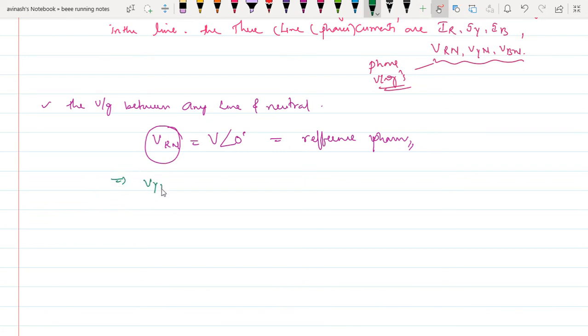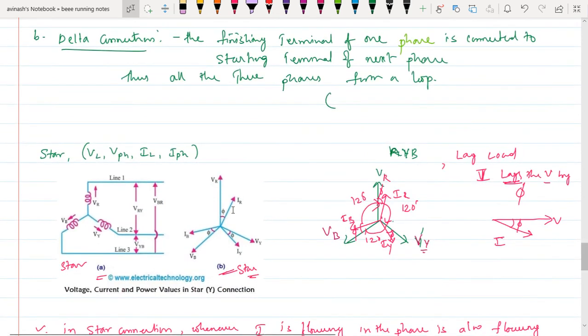Then what will VYN be? VYN will be magnitude and how much phase angle it is moving with respect to R. This is VRN, this is VYN, this is VBN. VRN to VYN, how much is the phase angle? Phase difference is 120 degrees.